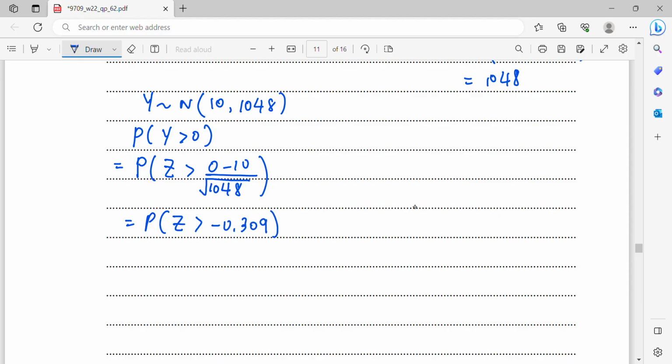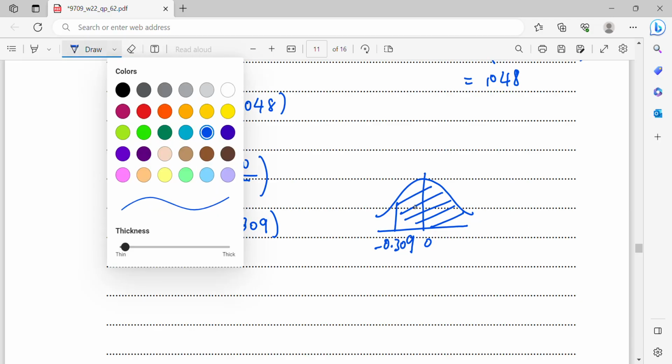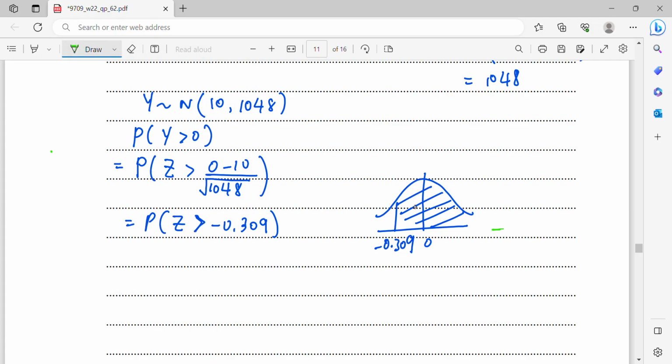Now I will sketch a graph. Negative 0.309 is on the left hand side and then it is greater than. So greater than means the region towards the right hand side. So in this case, we need to flip, because the region is towards the right hand side and basically the main reason is because your critical value is negative.